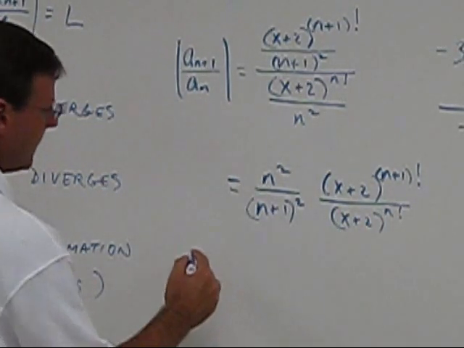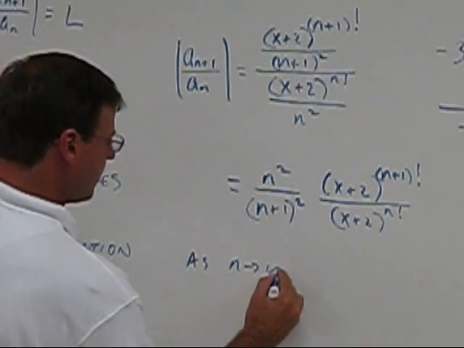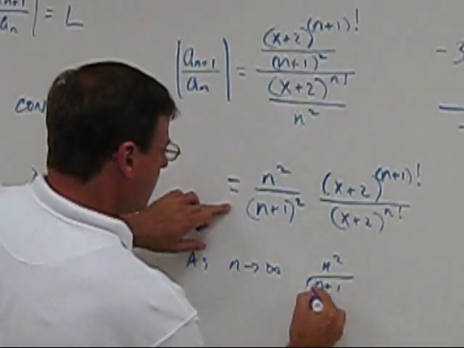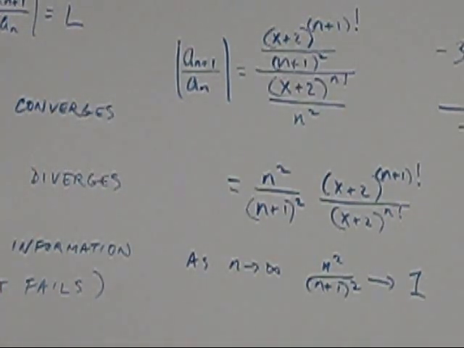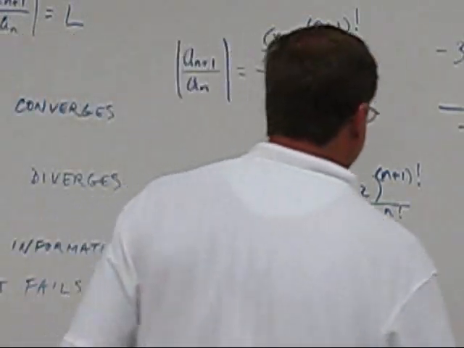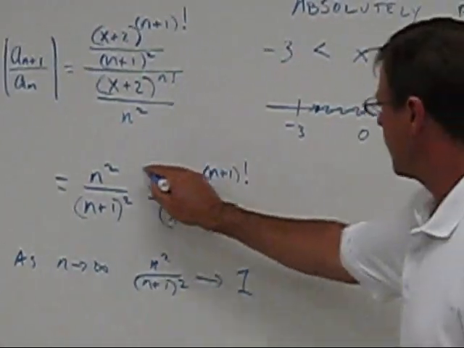When I take the limit of this as n goes to infinity, n squared over (n+1) squared goes to 1. Okay, so you can determine that. So this term right here goes to 1. Now let's take a look at this other term here.